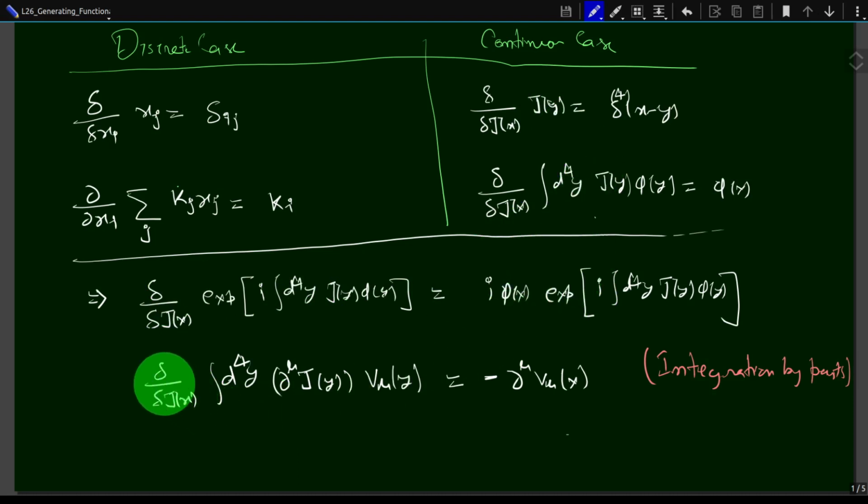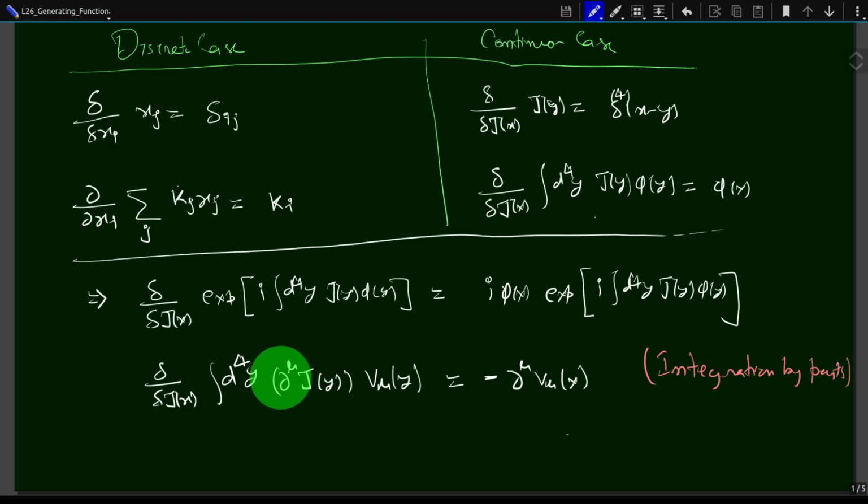A new thing comes up here: del by del J(x) of the integral d^4y where J is appearing not as it is, but as the derivative del_mu J(y) contracted with V^mu(y). When the derivative of J is involved and I have to take the functional derivative with regard to J, the first thing I do is free up J by integration by parts.